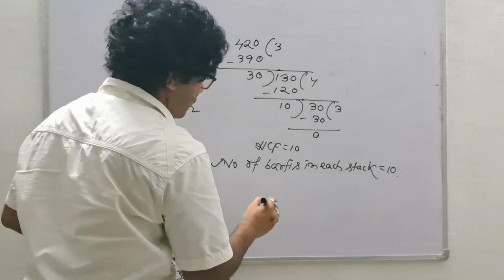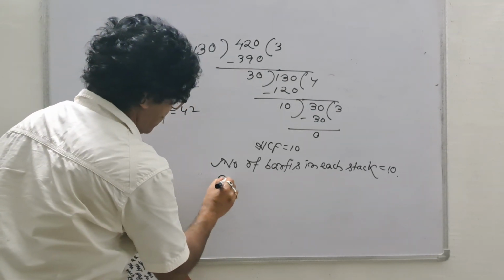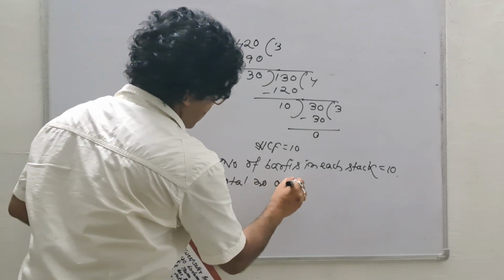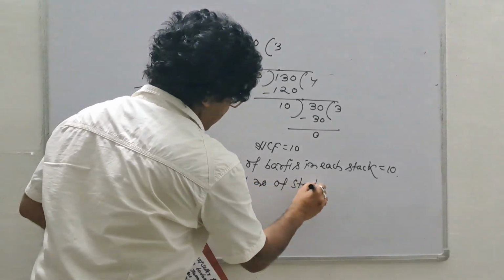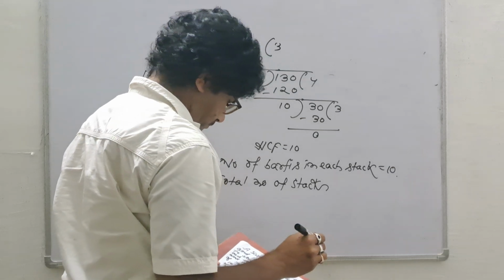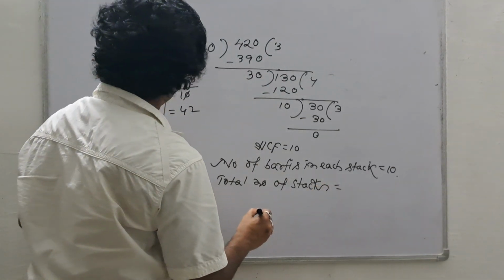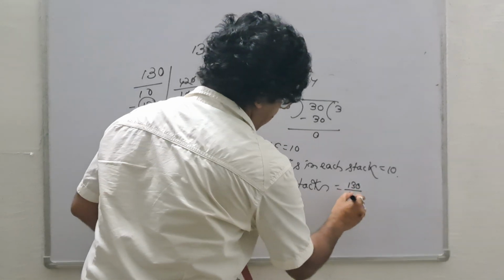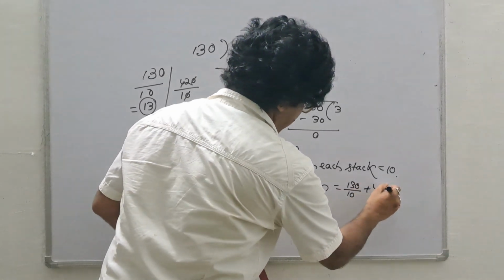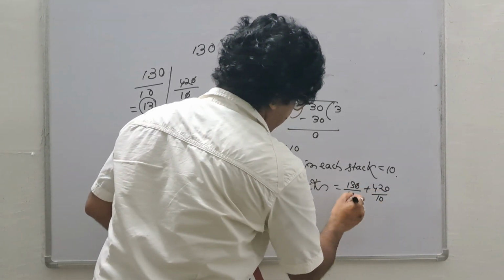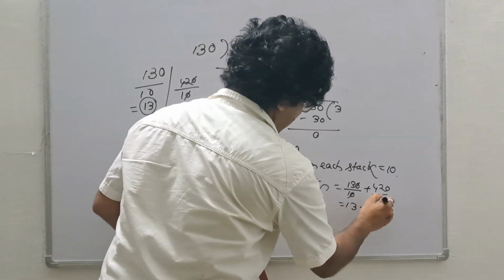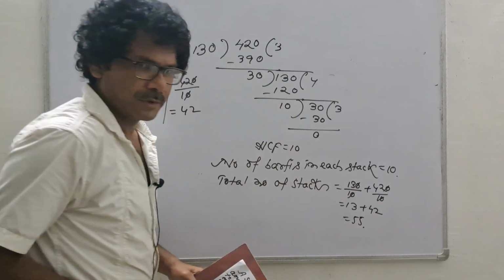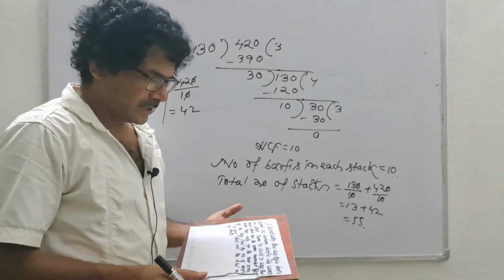So the total number of stacks is equal to 130 by 10 plus 420 by 10. That is 13 plus 42, 55. Okay, I think you have understood.